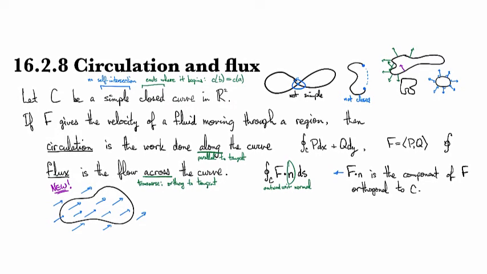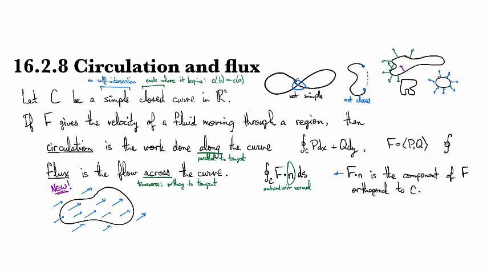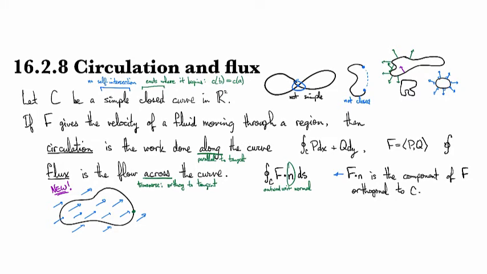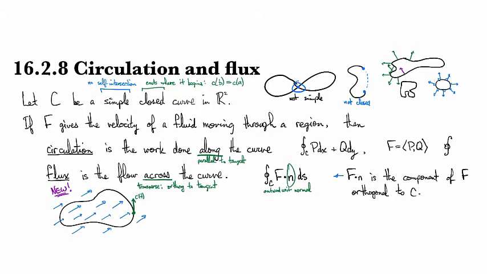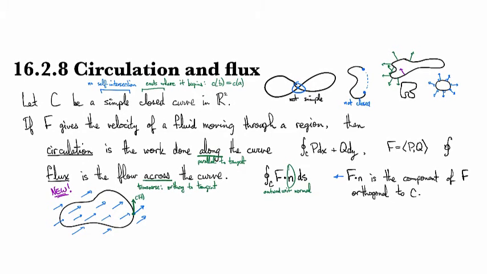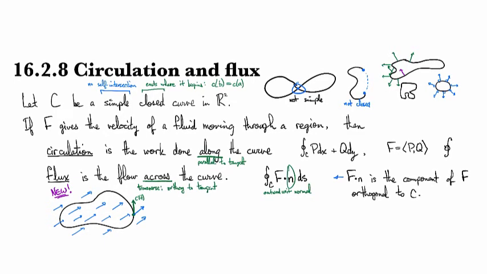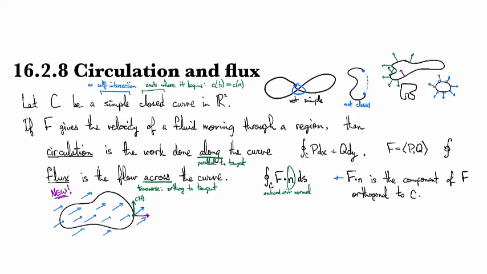Okay, so if we are at some given point, how about right here? Then the tangent is going to be going this way. So there's our C prime, there's going to be our vector field, and there's going to be our unit normal.